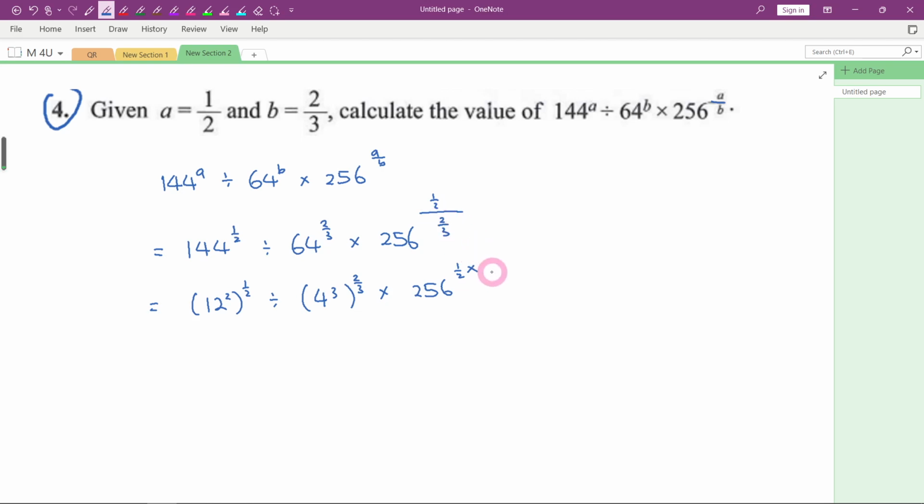So 2 will become the denominator, 3 will become the numerator. Okay, so this will give us 12. This will give us 4 square, which is equal to 16 times. Okay, so this, let me copy first, 256, this will power of 3 over 4.